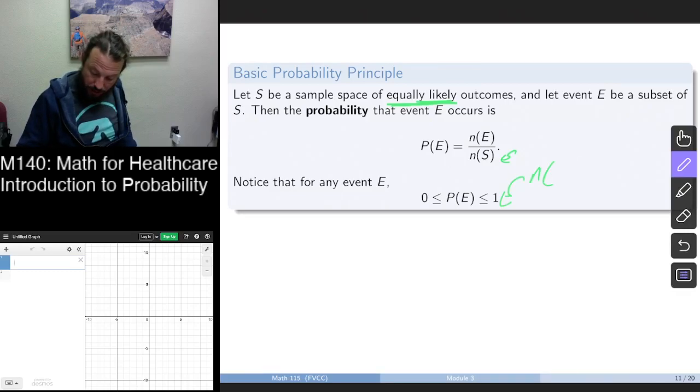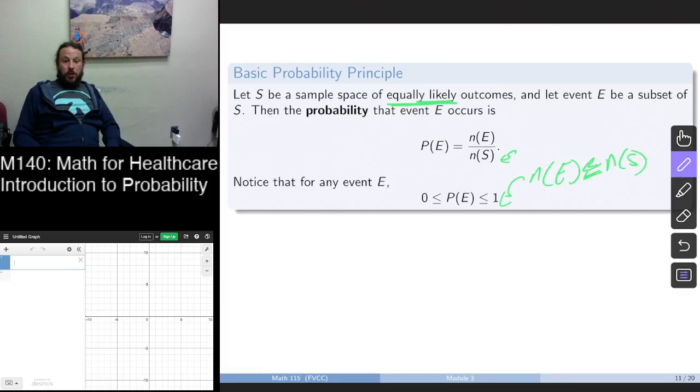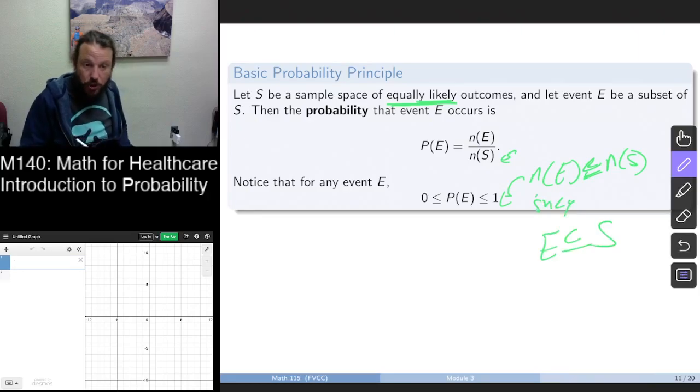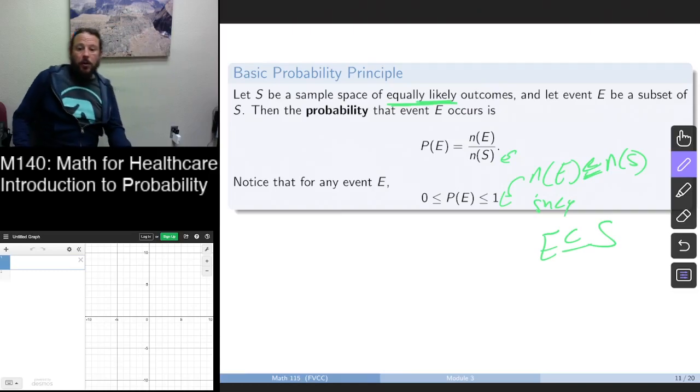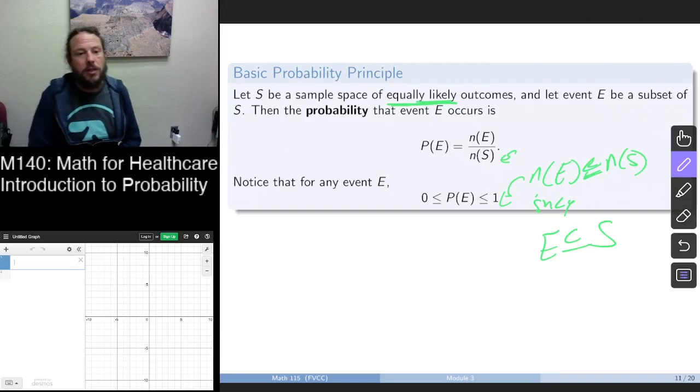The size of E is less than or equal to the size of S, because it's a subset. That's right, since E is a subset of S. So it's going to be true for all events, because all events are subsets of the sample space. All right. We'll cut it off there and continue on.